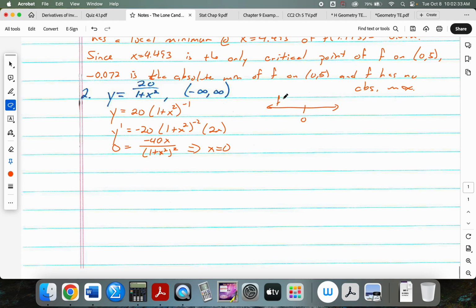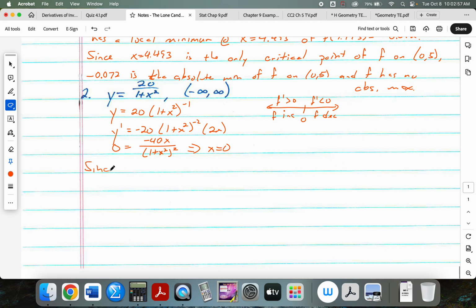So here, f prime is positive, which means that f is increasing. If I substitute in a positive value, my numerator is now negative, my denominator is still positive, so f prime is negative here, which means that f is decreasing.